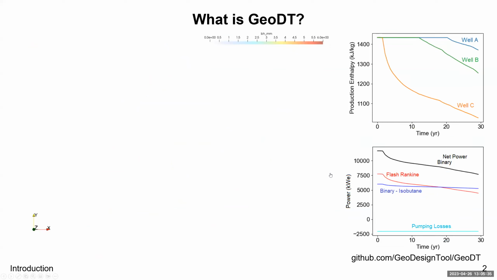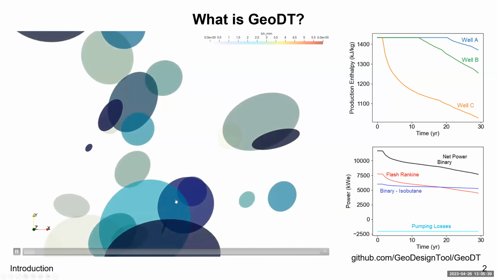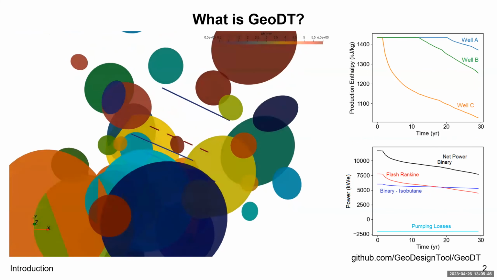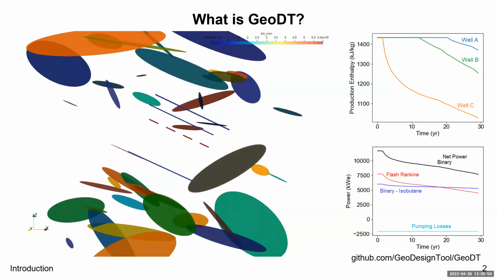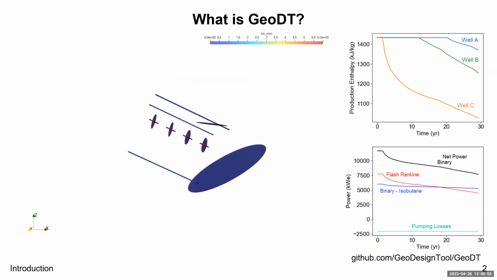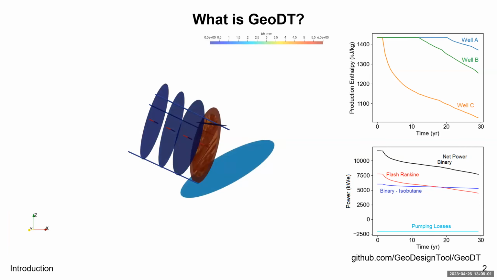So GeoDT, let me start the video here, which explains it reasonably clearly. It starts off by seeding natural fractures randomly in space, but you can also do deterministic fractures, which will be part of the bootcamp here. And then here you can see wells being placed. And then if we look at only the fractures that are connected to those wells, you can see that here. Now you're seeing the hydraulic fracture stimulation process, as well as shear stimulation, which occurs simultaneously.